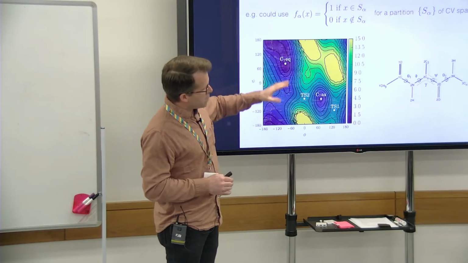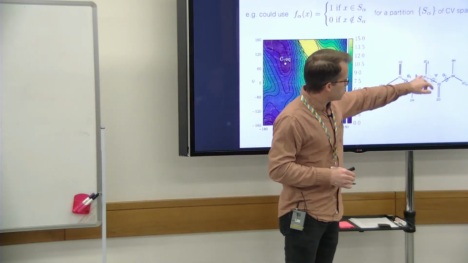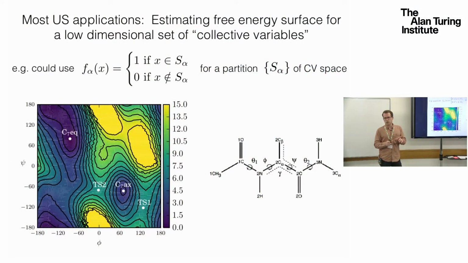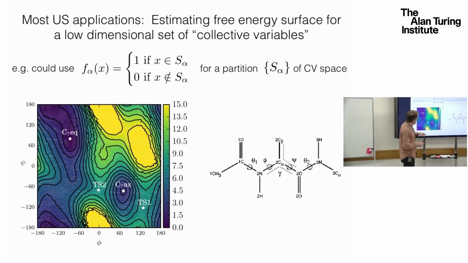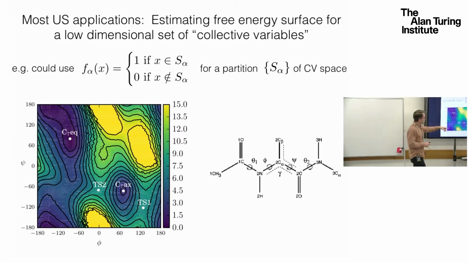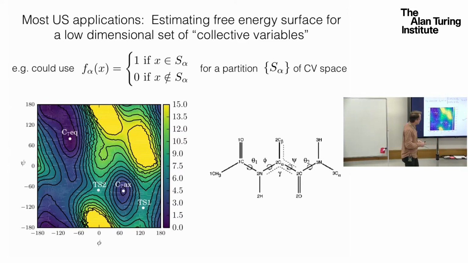In this example, people basically know that there are these two angles, the phi and psi angles, that if I plot the marginal in those two angles, I basically understand what's difficult about sampling the full canonical distribution for this small molecule. And so this is a plot of that marginal. You can see that there's a well here, a high probability region here, a high probability region here. And to get between them, you have to go through these barrier regions, transition state 1 and transition state 2. It's periodic. These are angles, so you can come around.